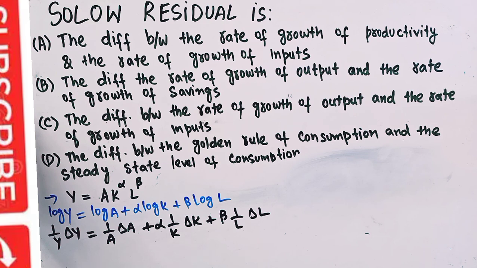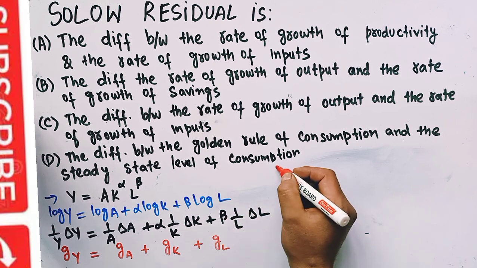Now this del Y upon Y shows the growth rate of output, which is equal to del A upon A shows the growth rate of technology or total factor productivity, plus this stuff shows us the growth rate of capital, plus this stuff shows us the growth rate of labor.